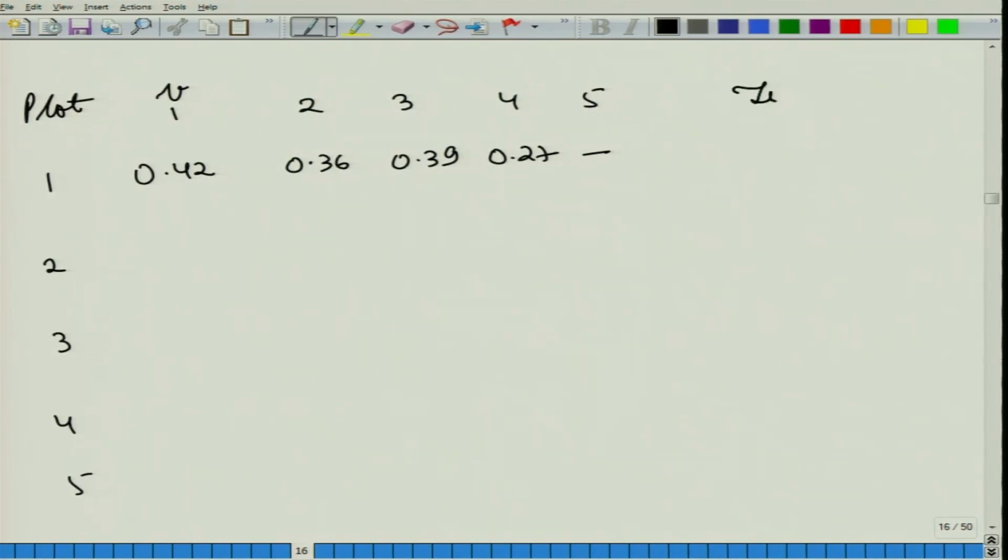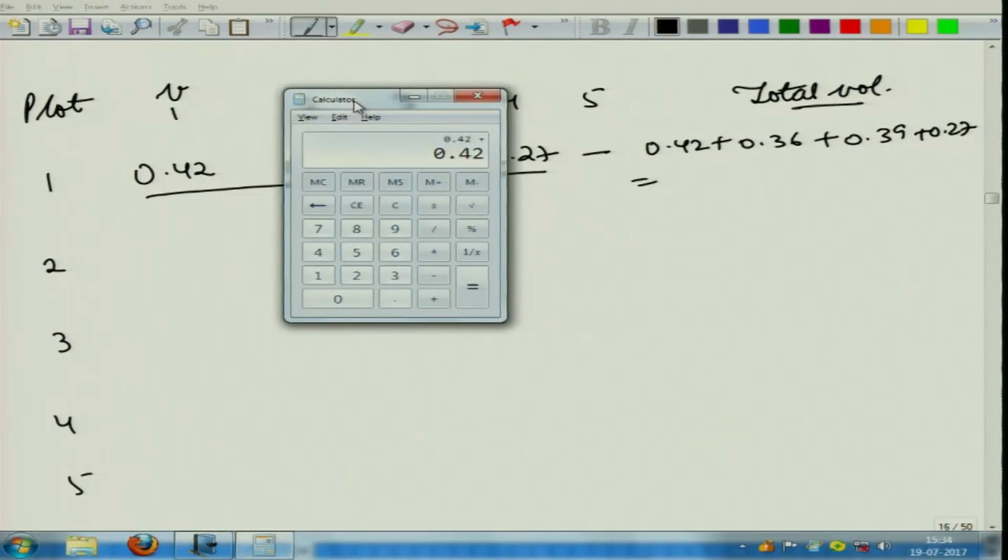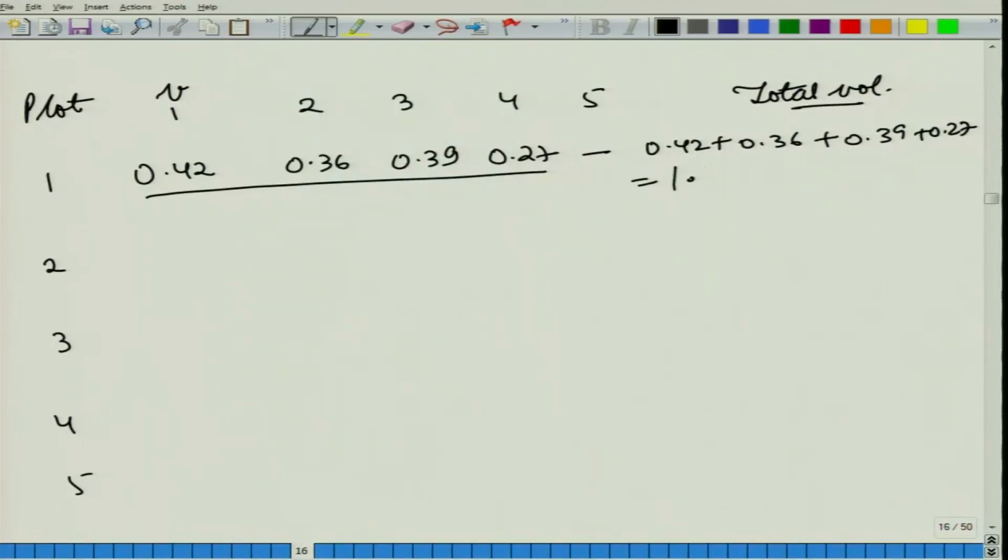So, what is the total volume for sample plot 1? It is given by the sum of these 4 values: 0.42 plus 0.36 plus 0.39 plus 0.27. Let us use a calculator, which gives 1.44 cubic meters.